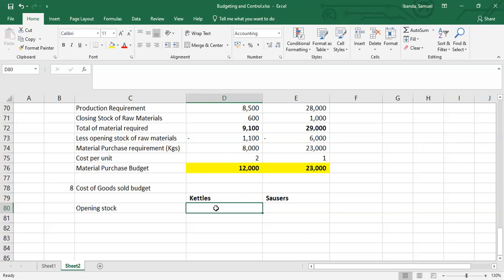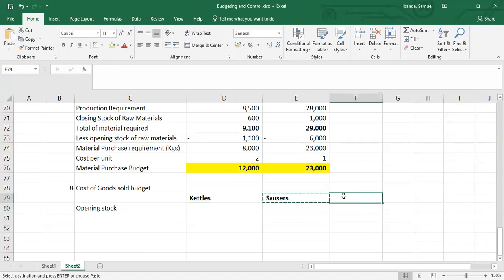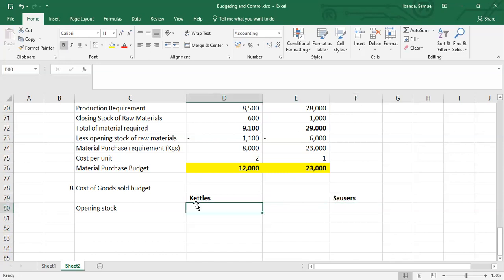So if we need to determine how much value of stock we started with, since they have given us information in terms of units and value, I'll create 3 columns for you.